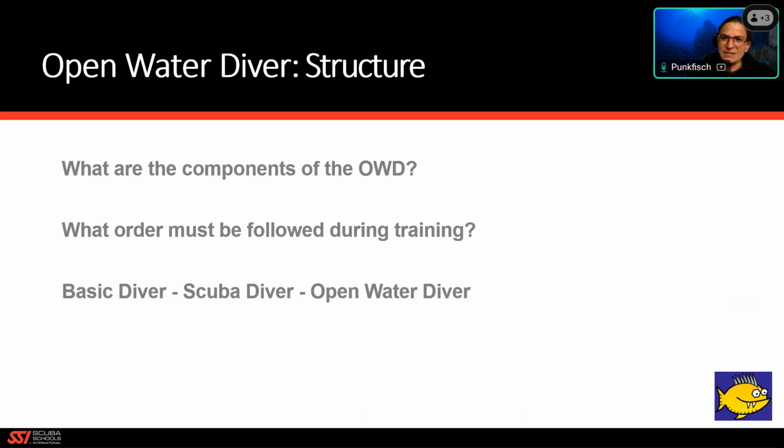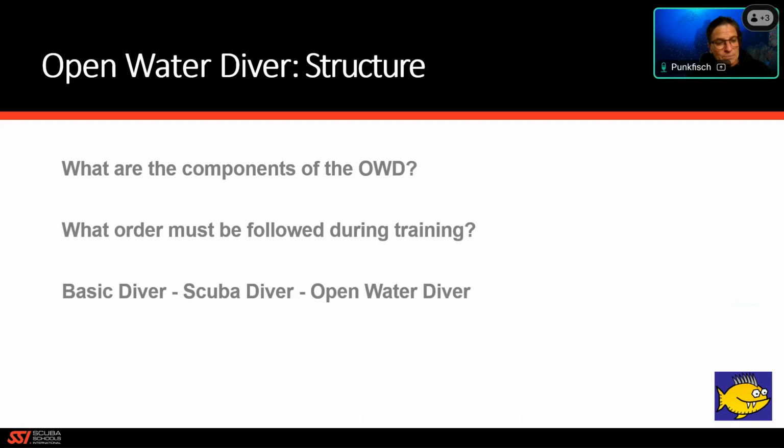One example from my side: we have a skill which is disconnecting the inflator hose, and we have another skill that is orally inflating your BCD. The main reason why someone has to orally inflate the BCD is because they disconnected the inflator hose, for example because they had a self-inflating BCD, which was a little bit common on La Palma because of this dark magnetic sand.